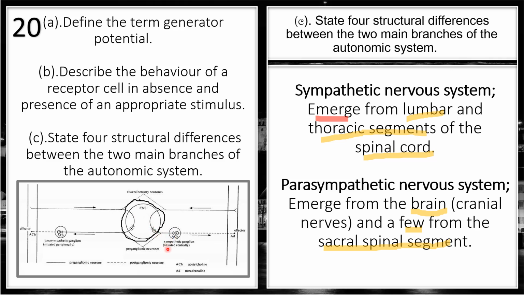Whereas the parasympathetic nervous system comes from the brain or the cranial nerves, and then the spinal cord part of the sacral segment. That's where the parasympathetic nervous system emerges from.